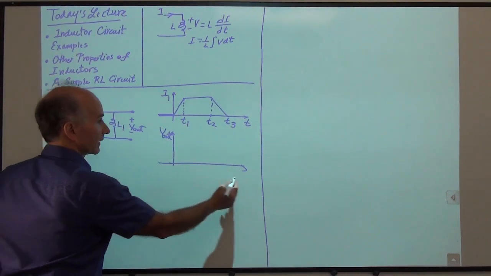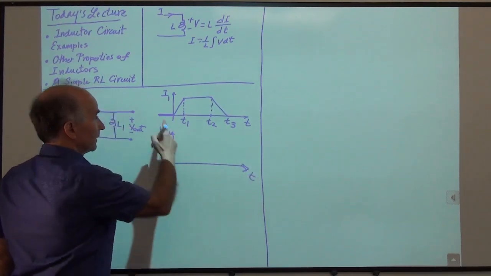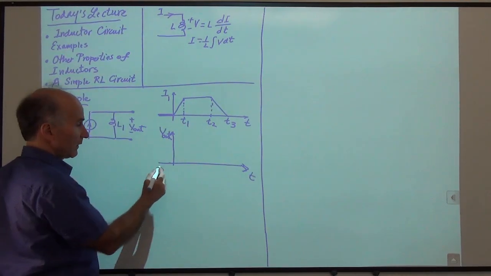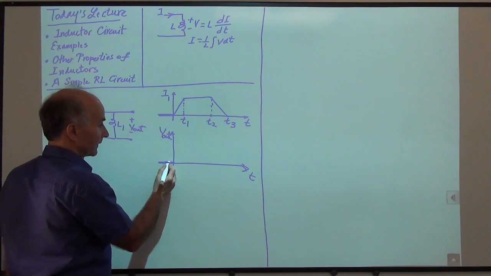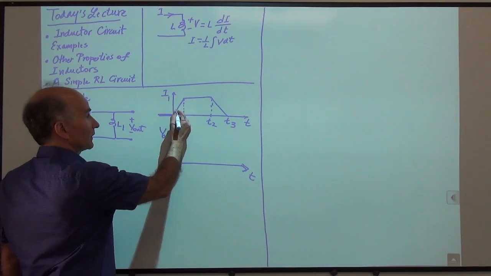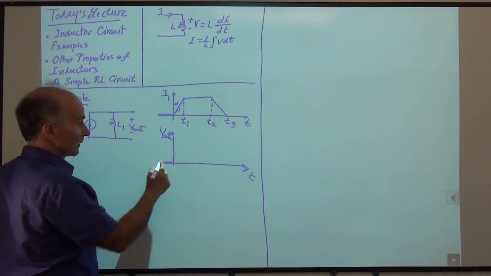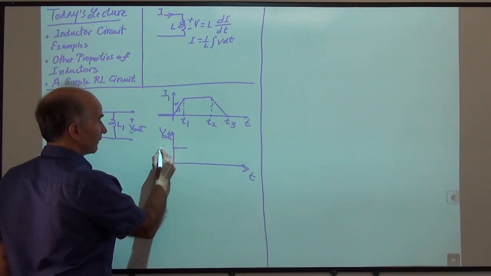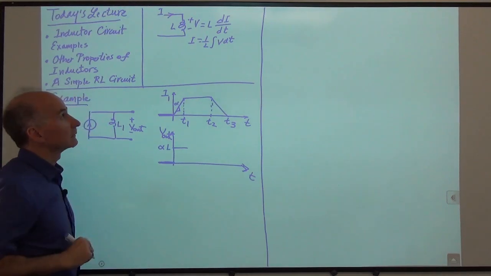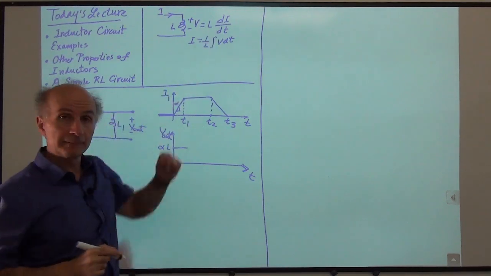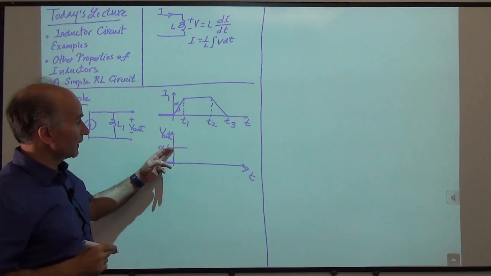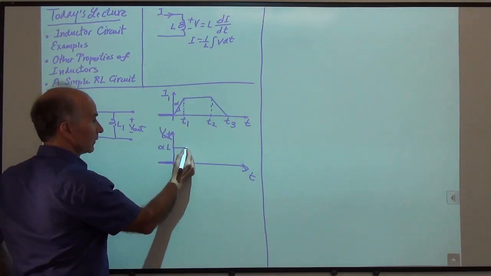So we see that before time 0, we have a constant value, is 0 anyway, so that's 0. At this point, we have a certain slope, so let's call that slope alpha. So this jumps to alpha times L, right? The derivative times L. And this slope is constant up to T1.